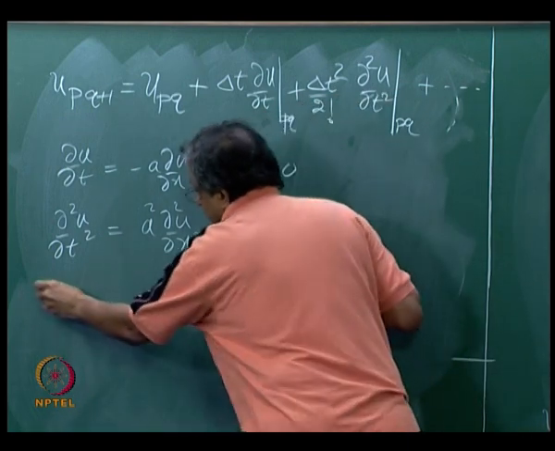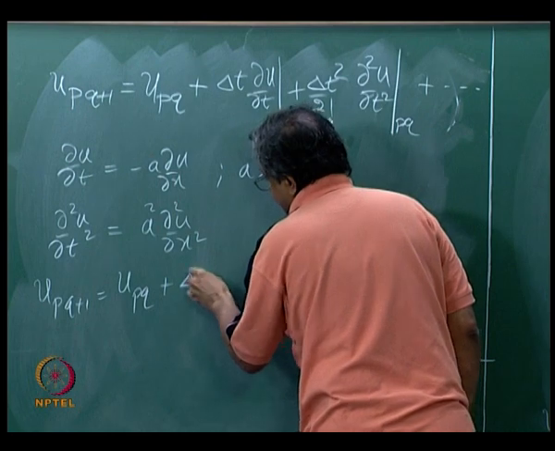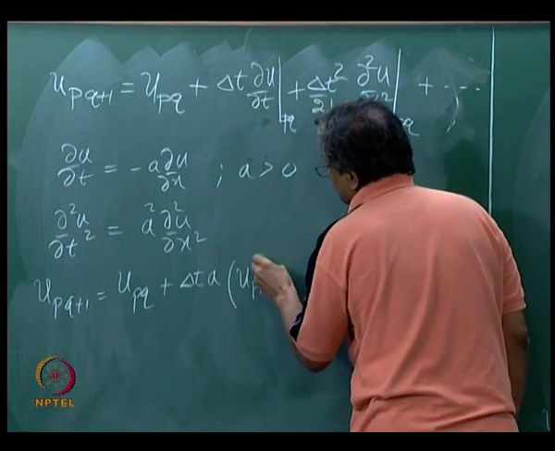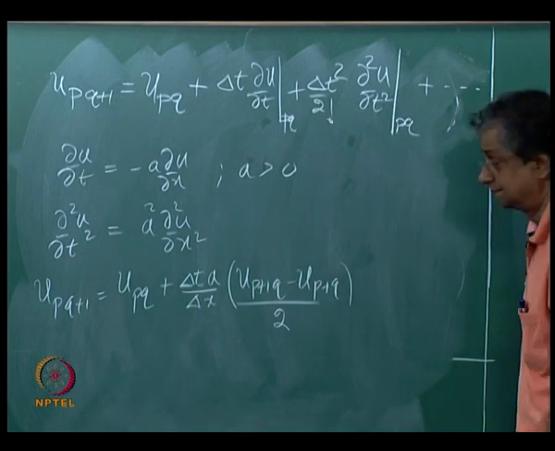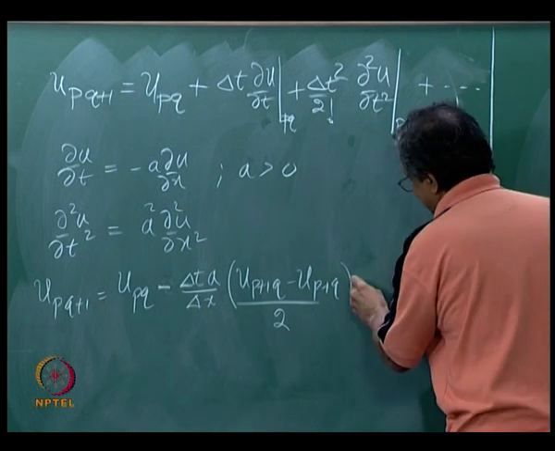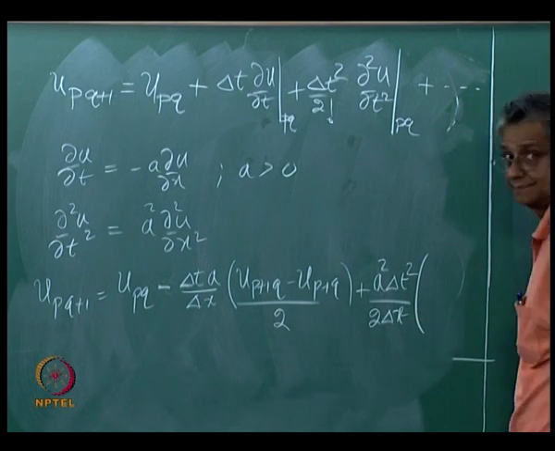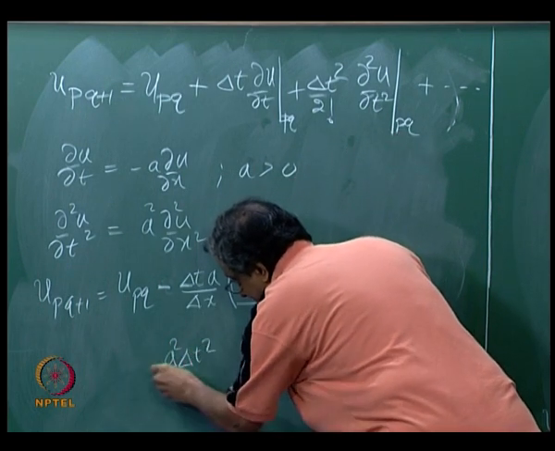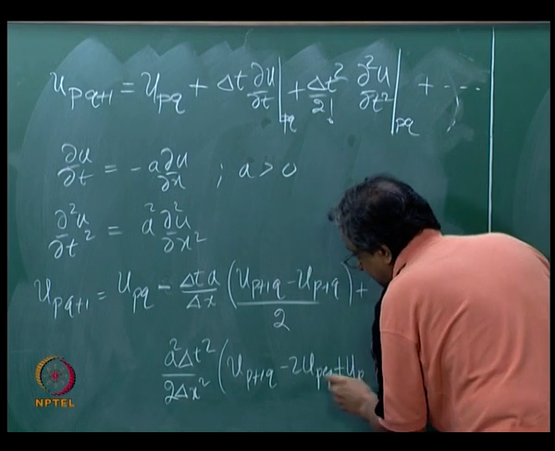Substitute back. U_P^(q+1) is U_P^q plus delta t times a dou u dou x, which is U_(P+1)^q minus U_(P-1)^q by 2 delta x, with a minus sign, I always forget that minus sign, okay, fine, plus a squared delta t squared by 2 delta x squared times U_(P+1)^q minus 2 U_P^q plus U_(P-1)^q.